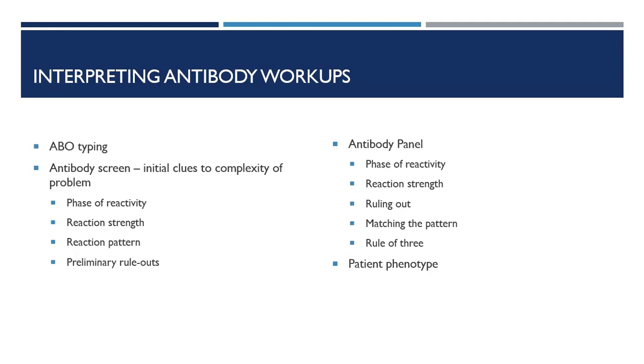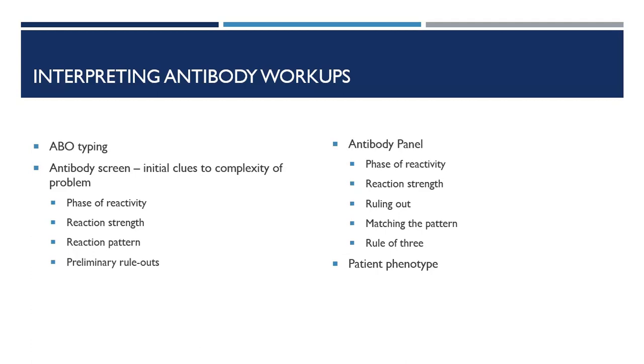The 1+ reactivity showed us something you would not expect with multiple antibodies. Say, for example, this patient had antibodies to two specificities that were only present on one panel cell. You would expect the strength to be a little bit stronger, say in the 2+, even up to a 4+, for us to start thinking maybe we have multiple alloantibodies.